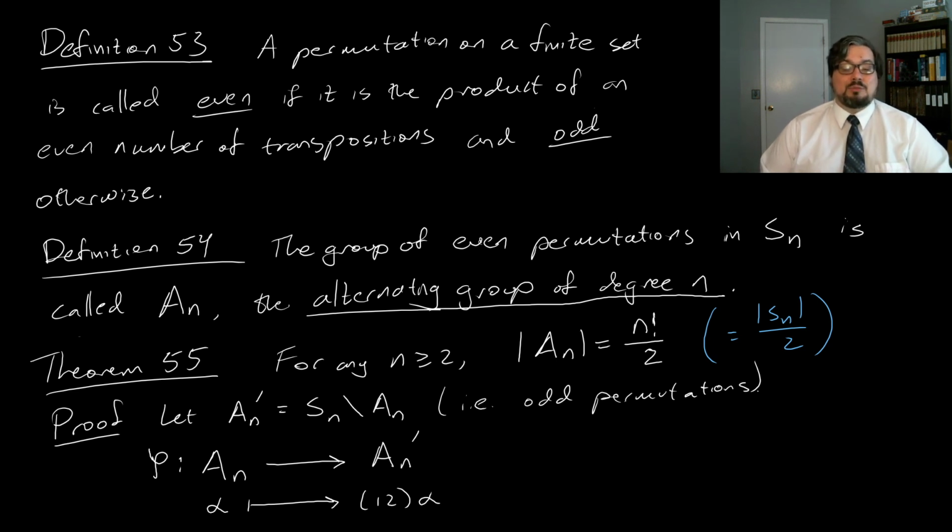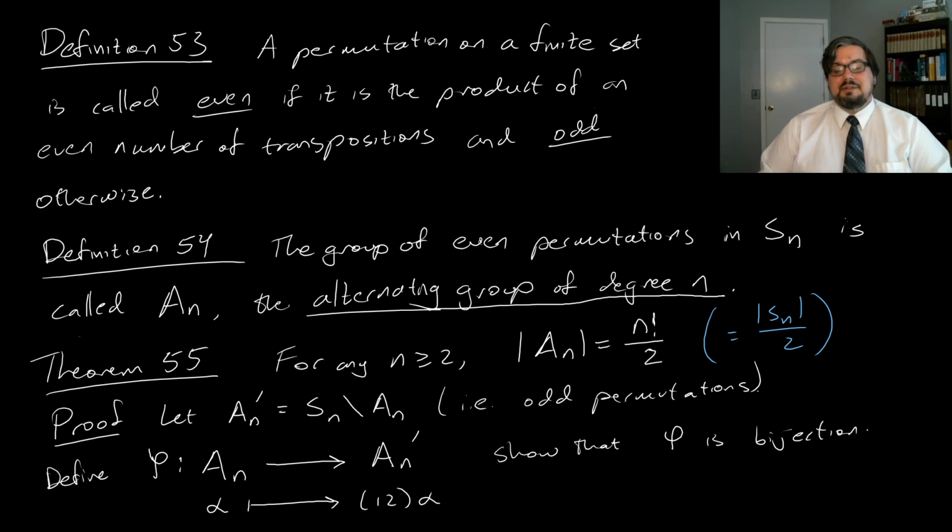It can be written as a product of an even number of transpositions, which means if we multiply by one more transposition, that will give us an odd permutation. And therefore, this phi is well defined. And so we define this phi right here, and then show that phi is a bijection.